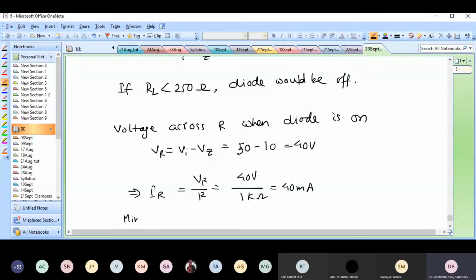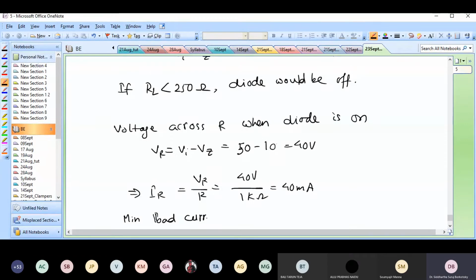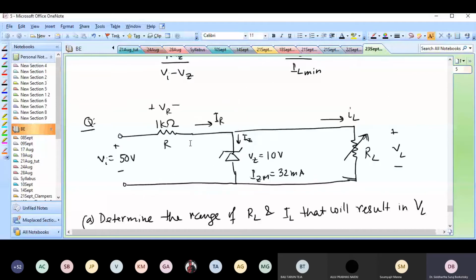And then what is the minimum IL, the minimum load current? Let's write it down that way, because sometimes when it says minimum load current, you might get confused. IL min is what? The current comes in through this IR.